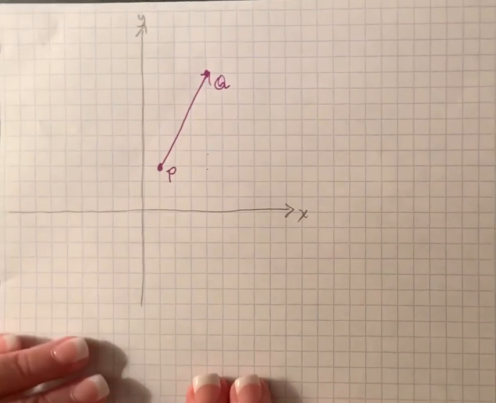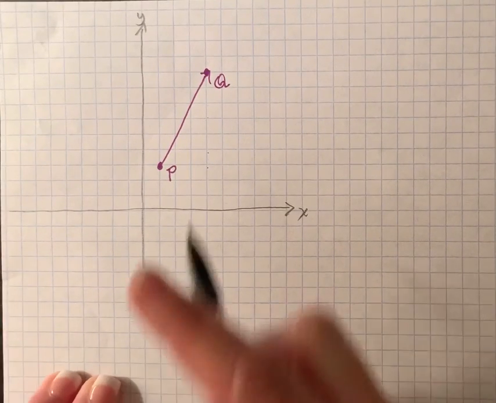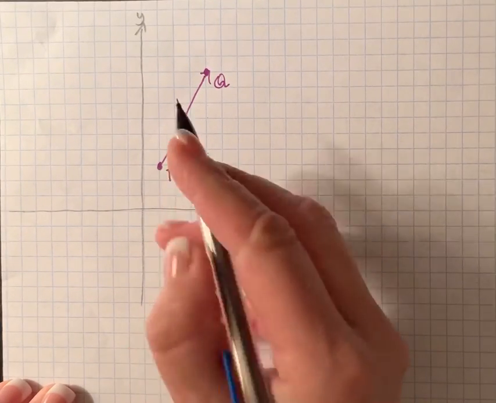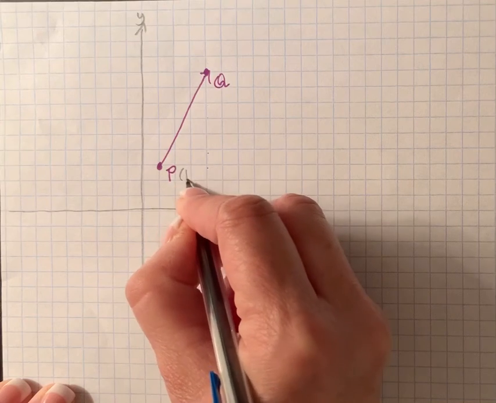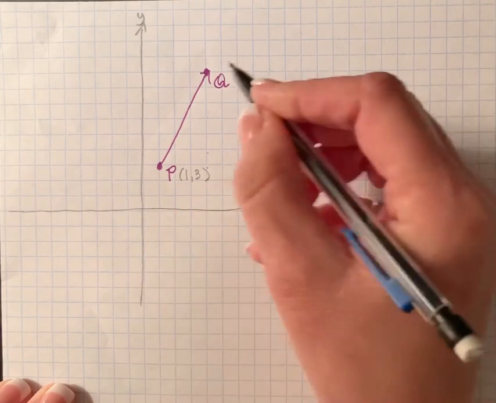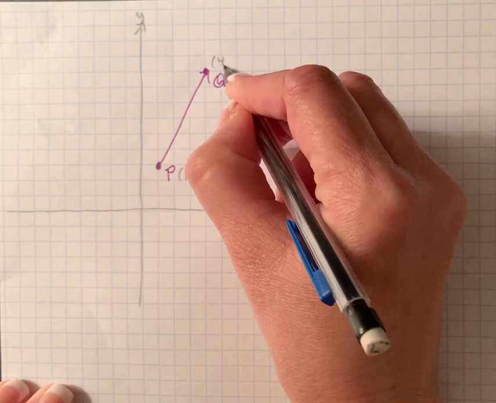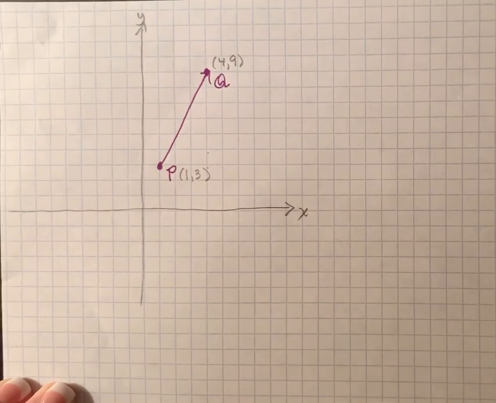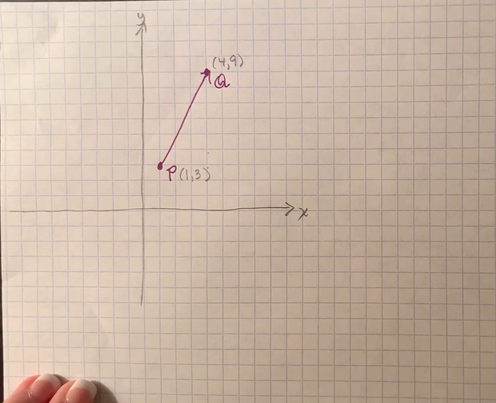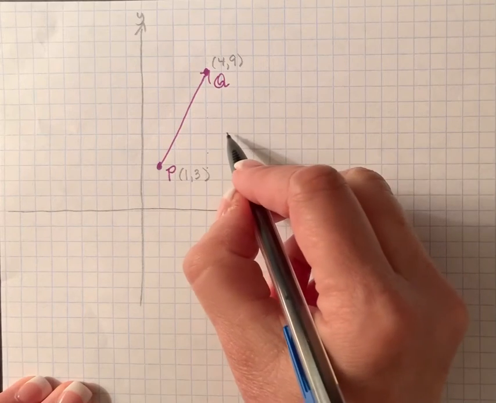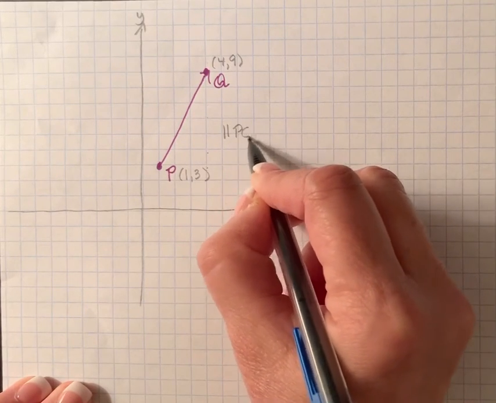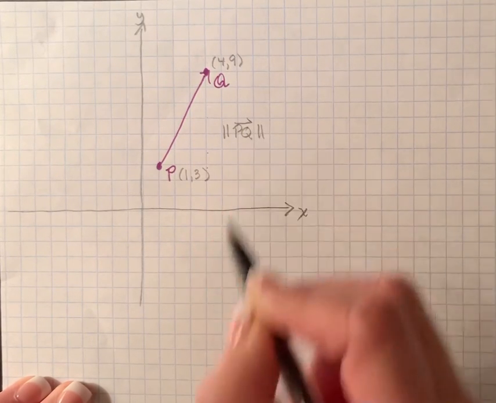If you want to find the magnitude of a vector, this is one where the initial point is (1, 3) and the terminal point is (4, 9). You can use the distance formula, and that will give you the magnitude.